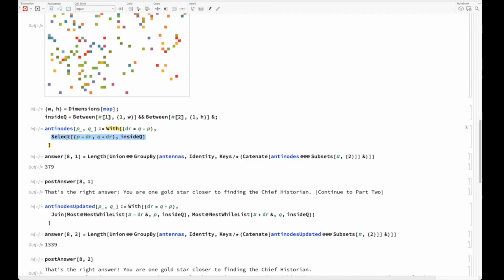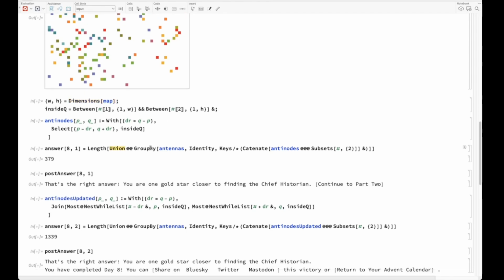Then you filter out whether you go outside the grid. This is just a helper function to filter out whether it's inside of that grid or map, and then you just do some basic data wrangling, I guess, of those antinodes at each position.